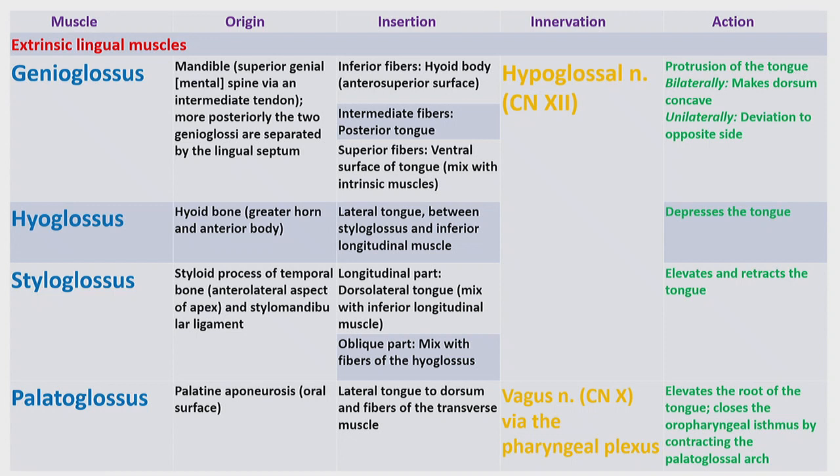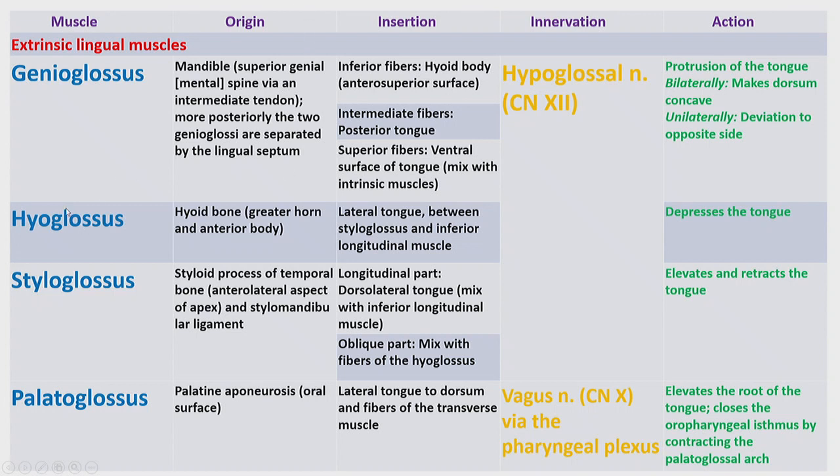If it's working bilaterally, the tongue protrudes in the midline. But if one side is paralyzed, for any reason, and doesn't function well, the tongue deviates to the side of the paralyzed part, which I'm going to show you.